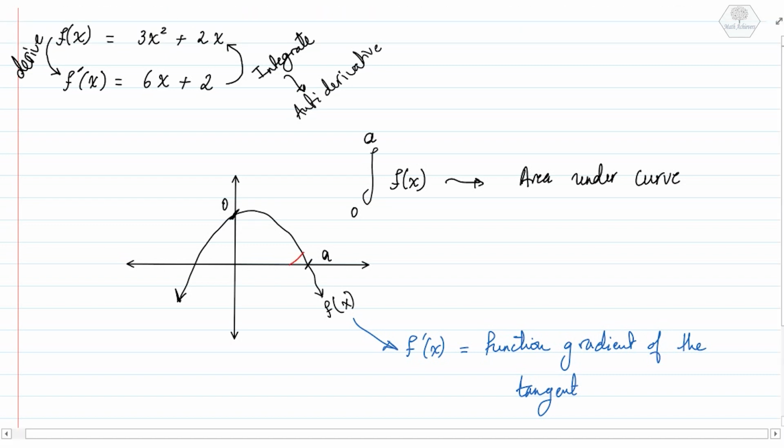I will find this area in red. This is what integration gets me. So when I integrate, I find the area under the curve, and when I use differentiation, the first derivative, I find the gradient.